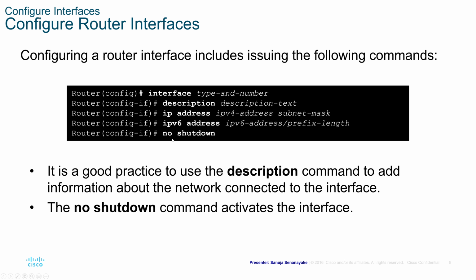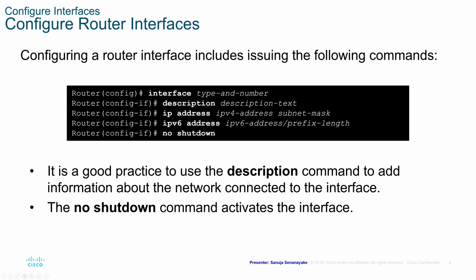And by issuing the command no shutdown, what we are doing here is turning that interface, whatever the interface number up here, from being shut down to turned back on. Hence that interface will now be online as a result of this command.